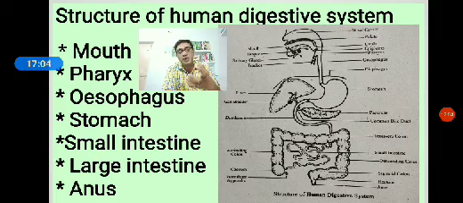These papillae consist of taste buds. These taste buds are able to sense the taste of the food molecule, whether it is sweet, salt, bitter or sour. There are four types of taste it is able to recognize.